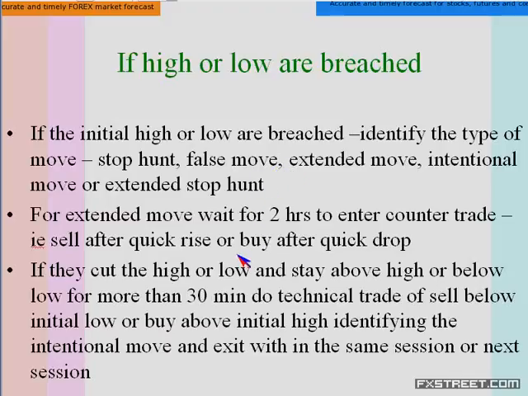And when they go down, we have to trail the stop and book profit, but not sell after the drop. They have already done about 90 to 100 pips drop, so it is not advisable to sell closer to the low they have set, because hardly we may get about 10 to 15 pips. For the sake of 10 to 15 pips, we should not lose our shot.